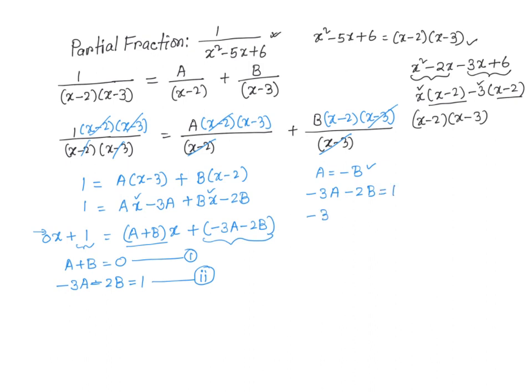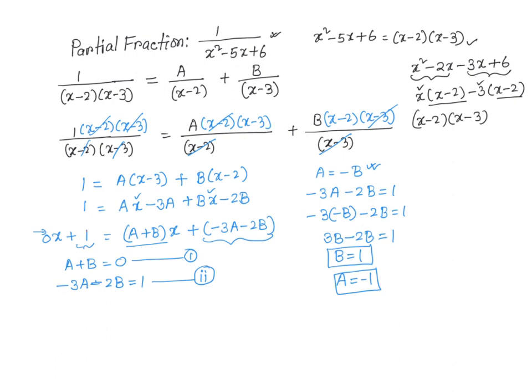Negative 3 times a, but a is negative b, minus 2b is equal to 1. Negative 3 times negative b is positive 3b, minus 2b is equal to 1, or b is equal to 1. So I found b is equal to 1, then of course a is negative b, so a must be negative 1.